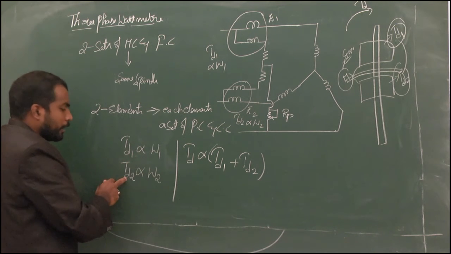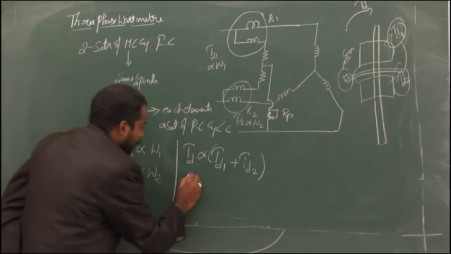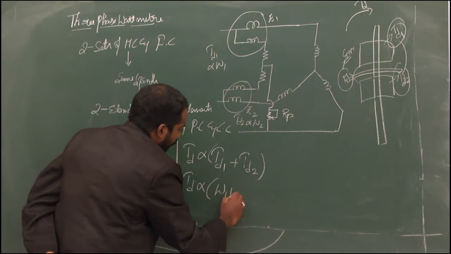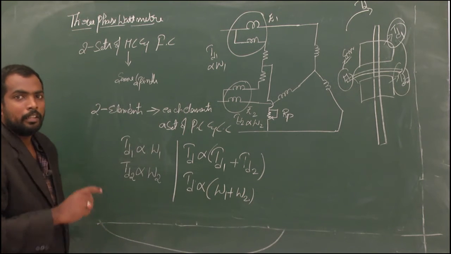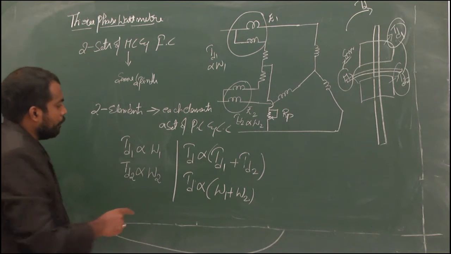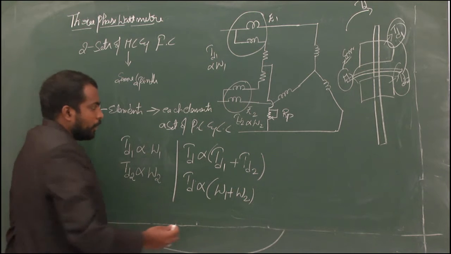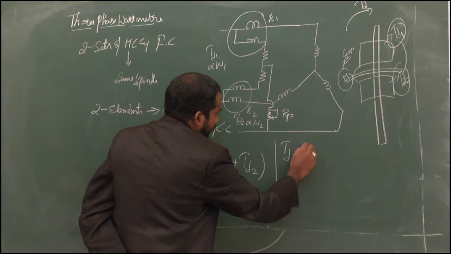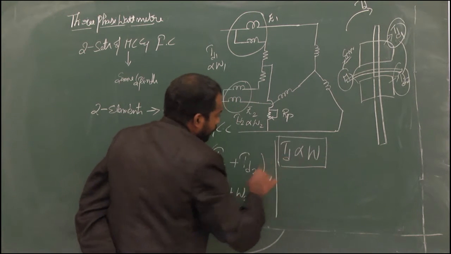In a similar way, the deflecting torque produced by element 2 is proportional to the power measured by element 2. Therefore, the net deflecting torque TD is proportional to W1 plus W2, where W1 plus W2 is nothing but the total power measured by the three-phase wattmeter. That means your deflecting torque TD is proportional to the total power measured by the wattmeter, right?